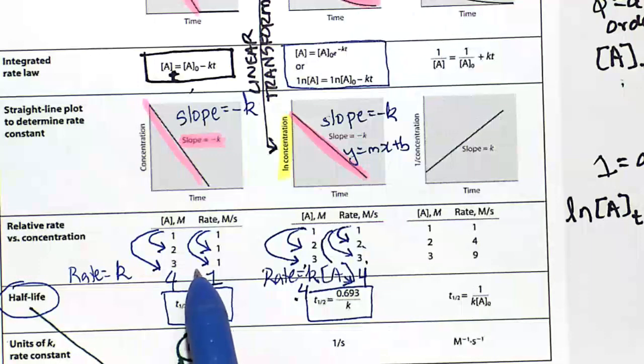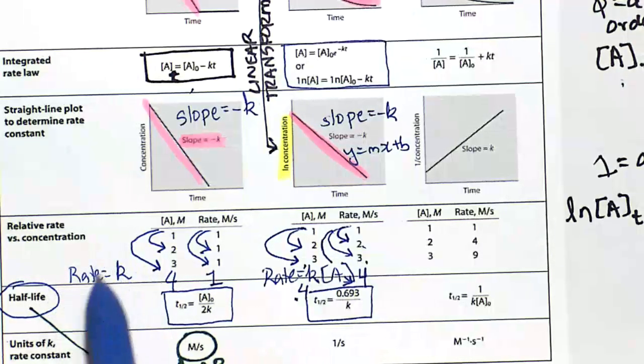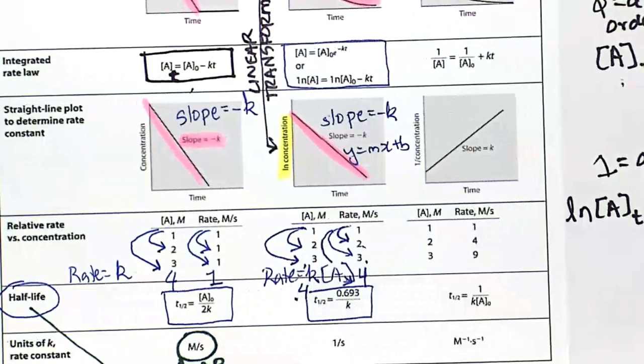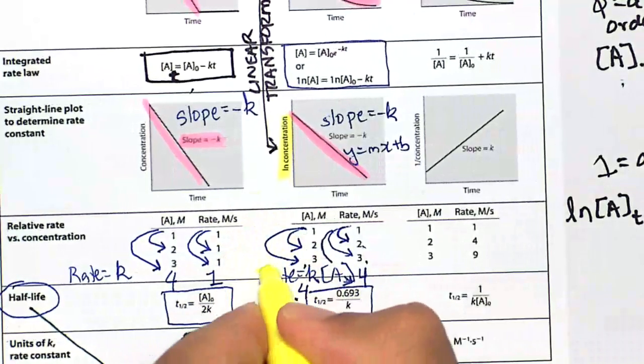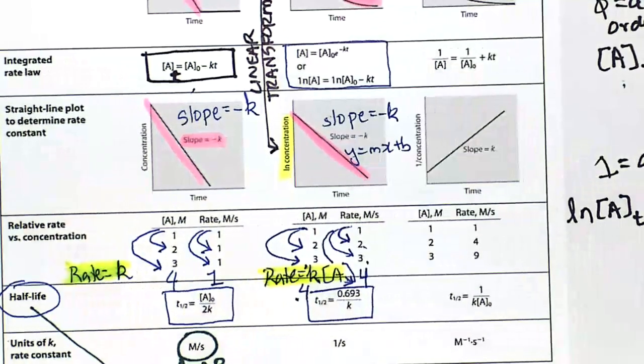Oh, so in zero order, it always remains 1, essentially. Yes, because your rate is k. Your rate here is not dependent on your starting amount. Here, your rate is dependent on your starting amount. Rate is dependent on concentration of A. Here, the rate for zero order doesn't depend on it, it's just k.